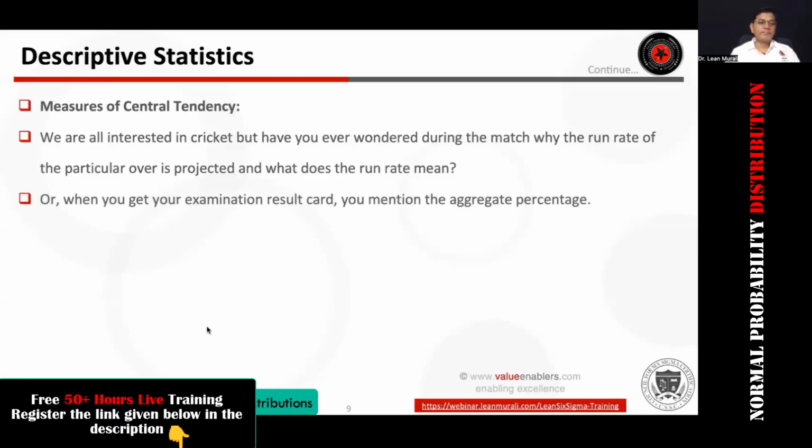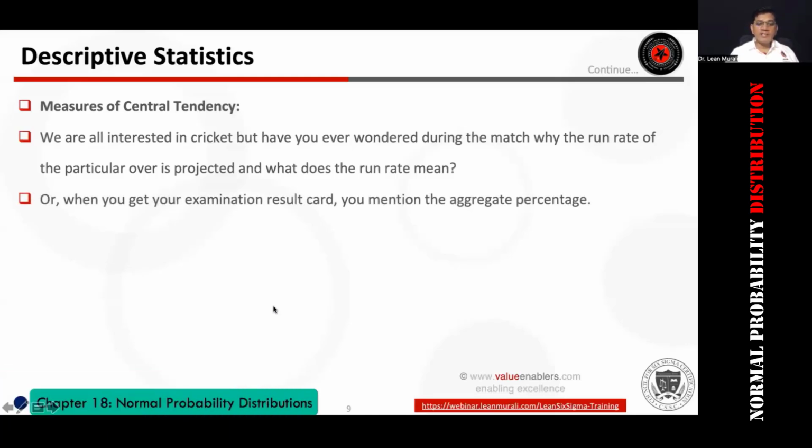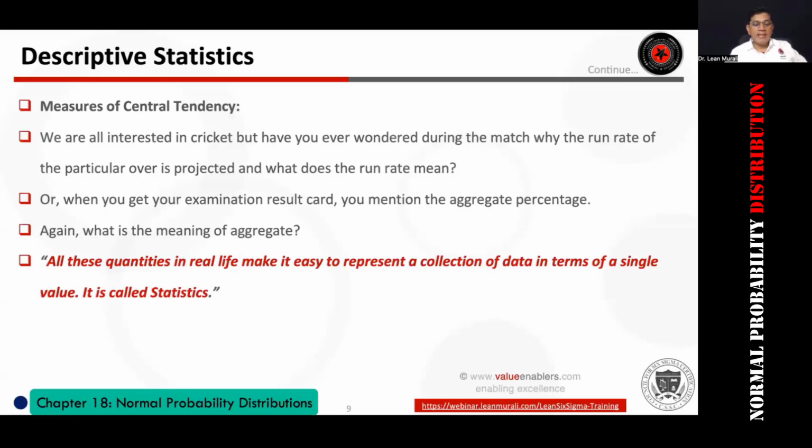Or when you get your examination card results, you mention the aggregate percentage. What does this aggregate percentage mean? You get some 75% in languages, 80% in mathematics, 90% in chemistry, average, right? This is the meaning of the aggregate.